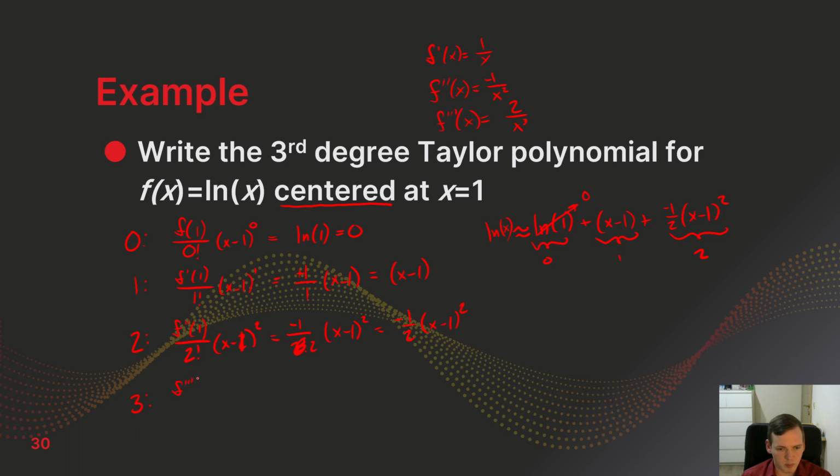So f triple prime of 1 over 3 factorial times x minus 1 squared is 2 over 3 factorial, so that should just be 1 over 3 times x minus 1 cubed, which is 1/3 x minus 1 cubed.